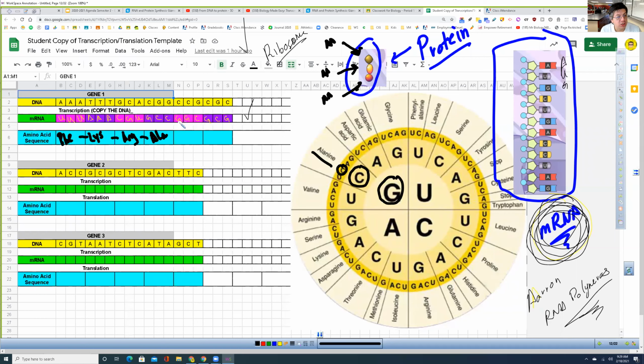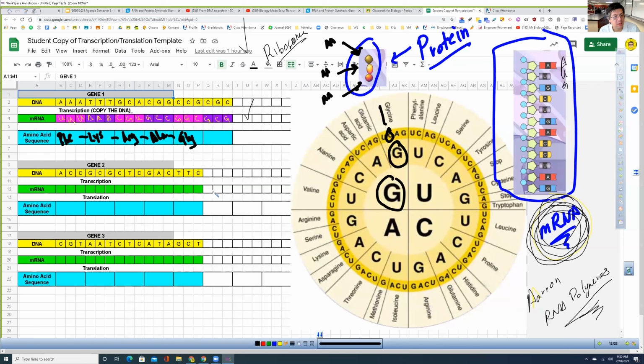The next one is GGC. Who can tell me what amino acid the ribosome is going to add? Glycine. So let's check it out. GGC. Very good. Glycine. There it is.